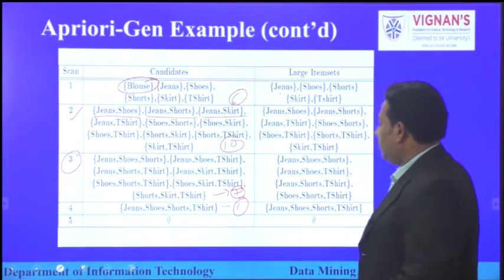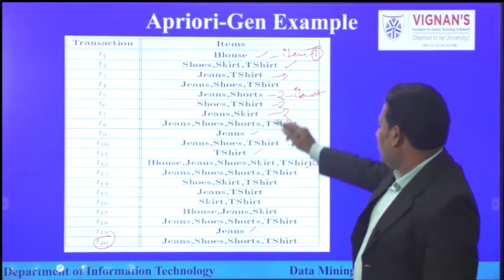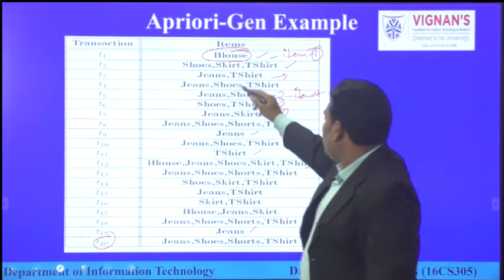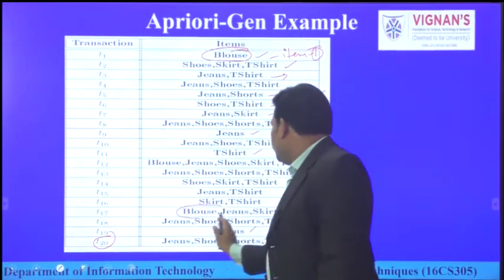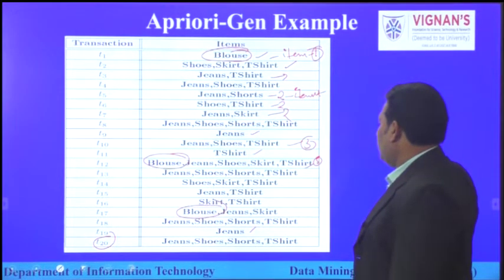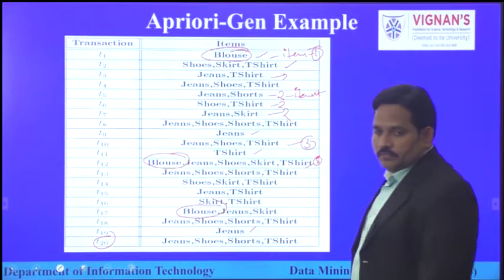Why has it been eliminated? Have a look again here. If you take the count of individual elements, the blouse is repeated only 3 times.